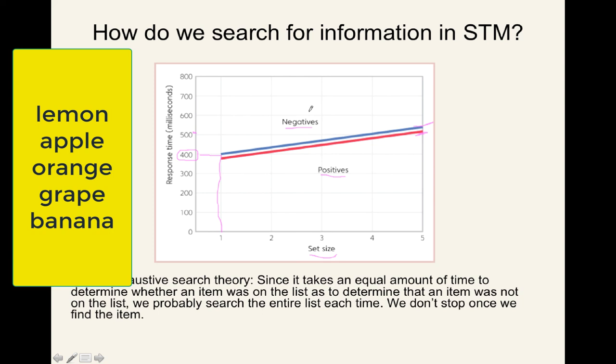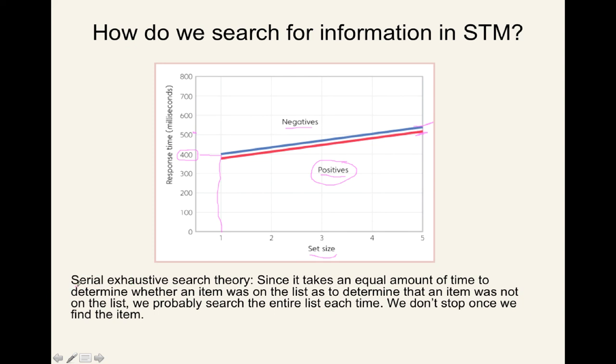And then if the word was peach, we wouldn't know that peach wasn't on that list until we went through our entire list. And so what this is showing is that, number one, people do go through the entire list all the time, even when the word we're searching for is on the list. And so because of that, it looks like we do what's called a serial exhaustive search through short-term memory.